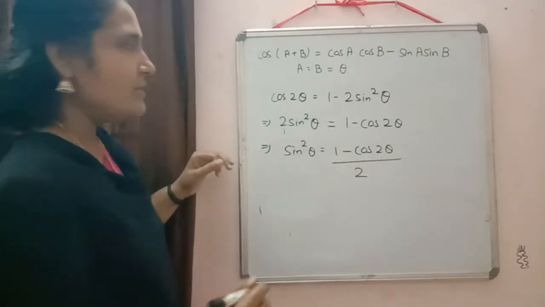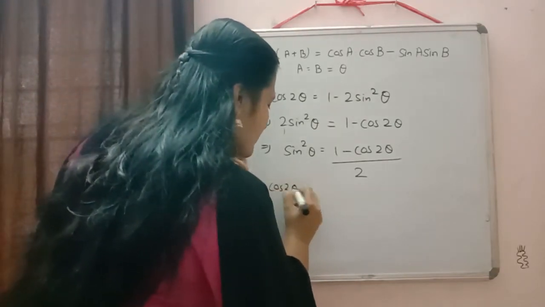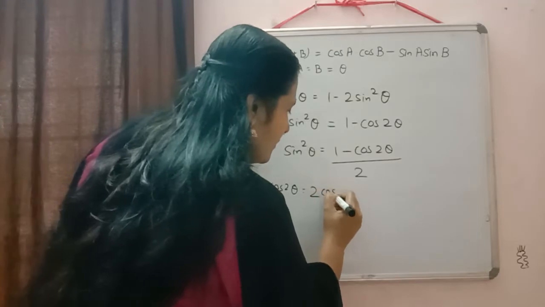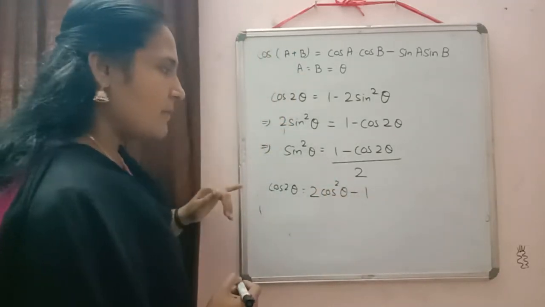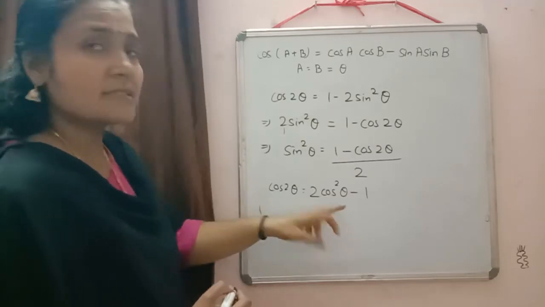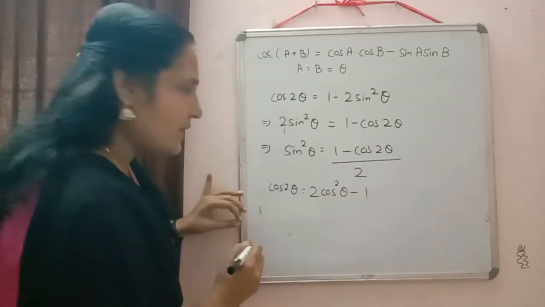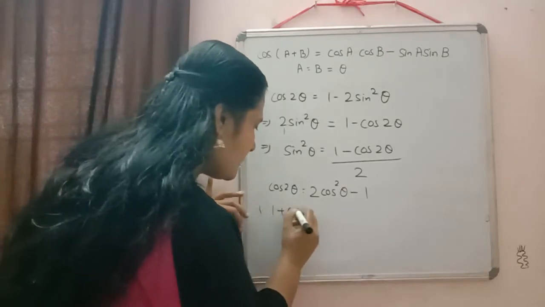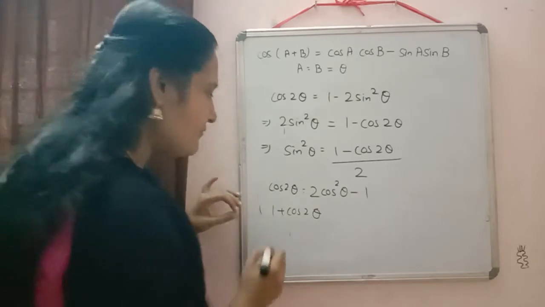In the same way we will check how we can rewrite cos square theta. We know cos 2 theta is equal to 2 cos square theta minus 1. So from here if we have to change cos square theta, then what will come? First we will shift minus 1 to left hand side. Then it will be equal to 1 plus cos 2 theta. Then we will shift this 2 here.